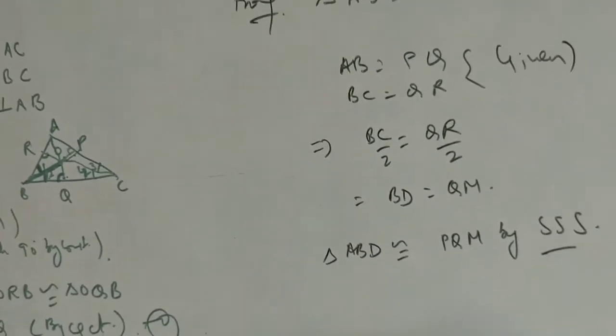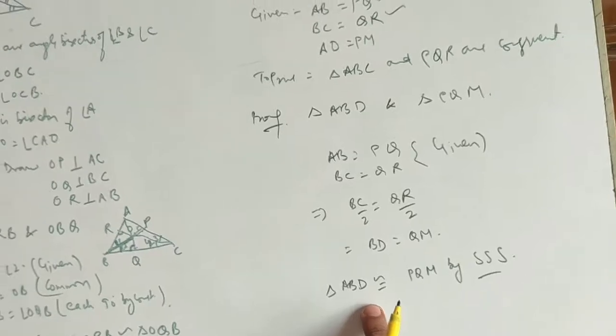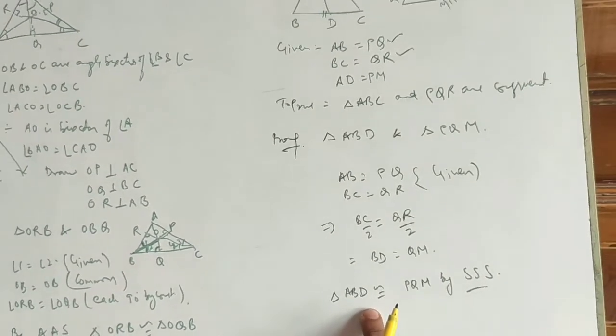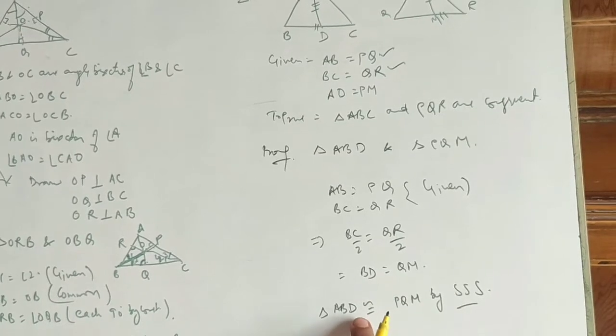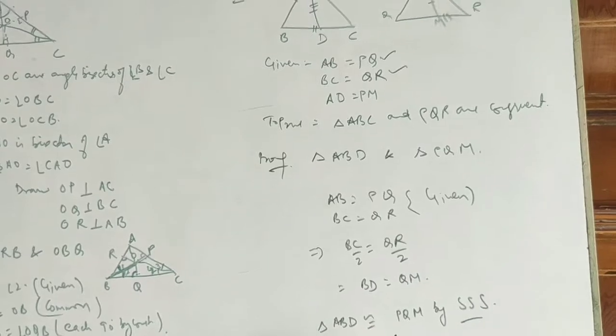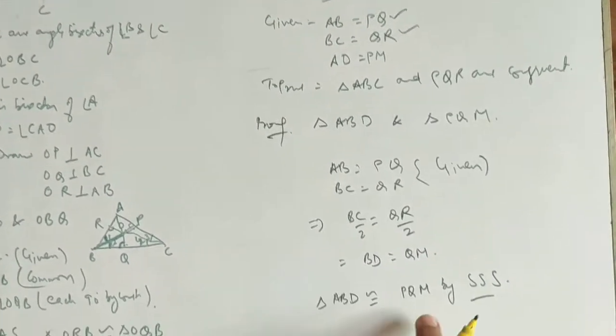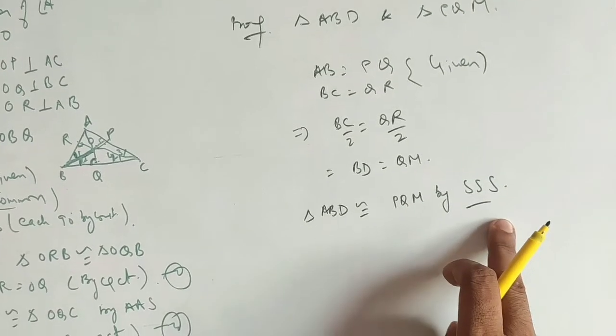So the two triangles are congruent by SSS. We need to verify whether this result we have written correctly or not. So listen, according to this, AB is equal to PQ is correct. Okay, BD is equal to QM is also correct, and AD is equal to PM is also correct. So this is correct way to write it, this congruency by SSS.